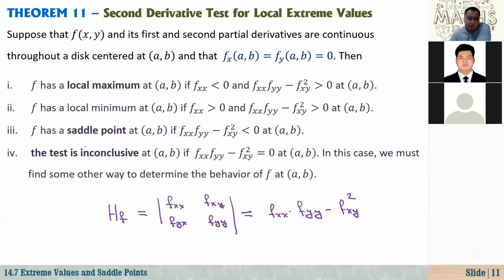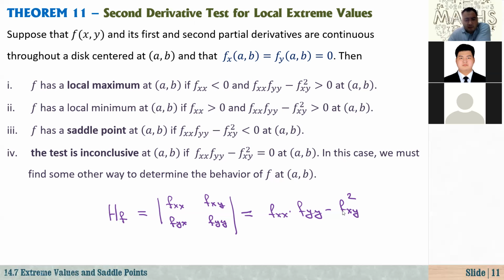And how about the saddle point? If fxx fyy minus fxy squared is less than 0, it gives us the saddle point of the function at (a, b). And if it is equal to 0, then the test is inconclusive. In this case, we must find some other way to determine the behavior of f at (a, b). That means maybe you can make some different adjustment or use different methods.